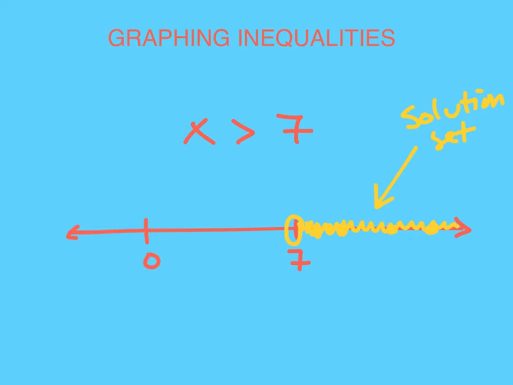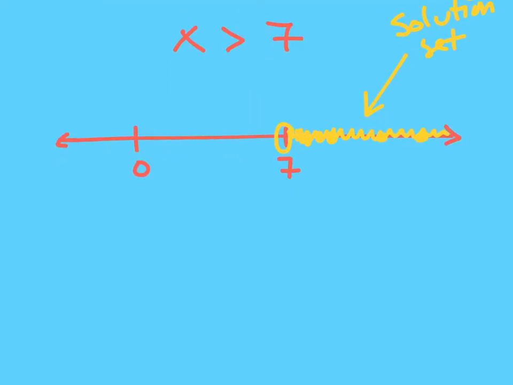Now, I could even do this. I could say that x is greater than or equal to 7. I'm going to do the same thing, with only one difference here. I'm going to plot my 0, plot my 7, and think about numbers that are greater than or equal to 7. Those numbers would be numbers like 8, 9, 10, 8.5, 7.5.